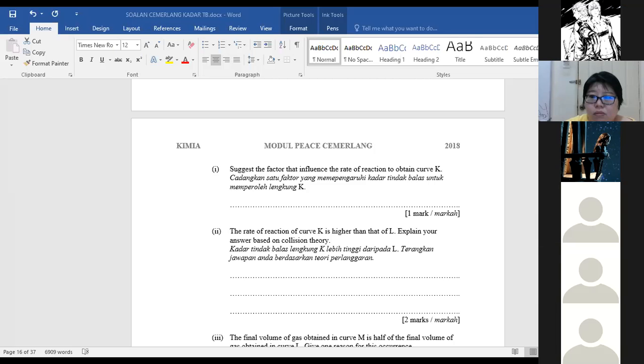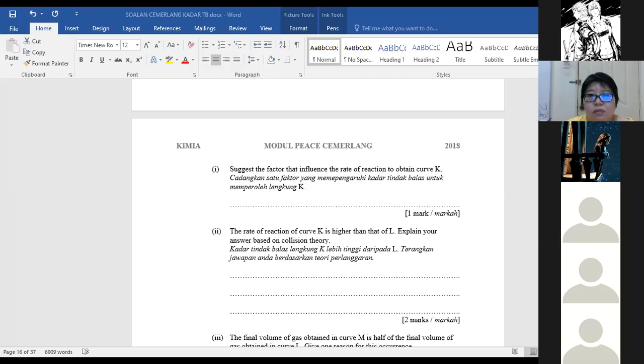Anyone? What's your answer? Magnesium and hydrogen. Yes, Faith. Magnesium and hydrogen. Magnesium, what? We are talking about the particles. So magnesium?